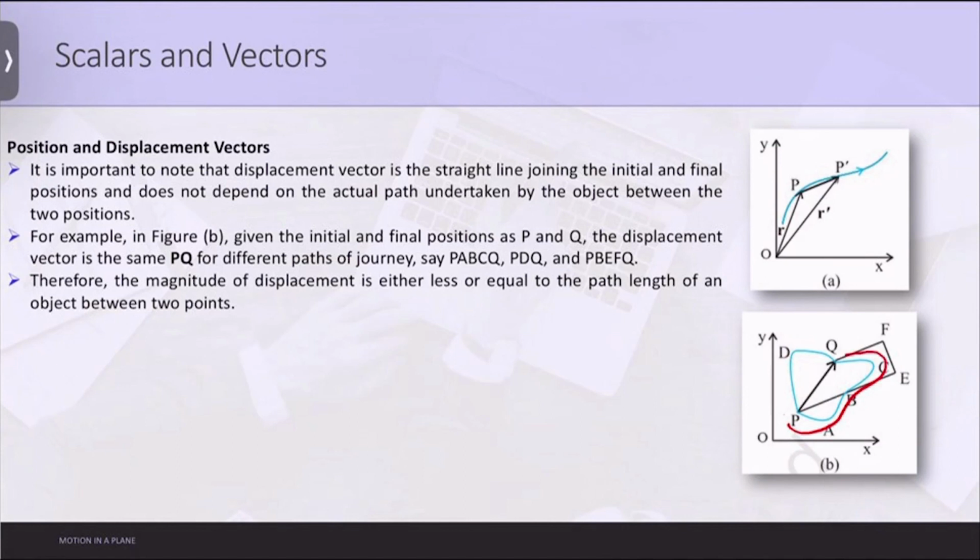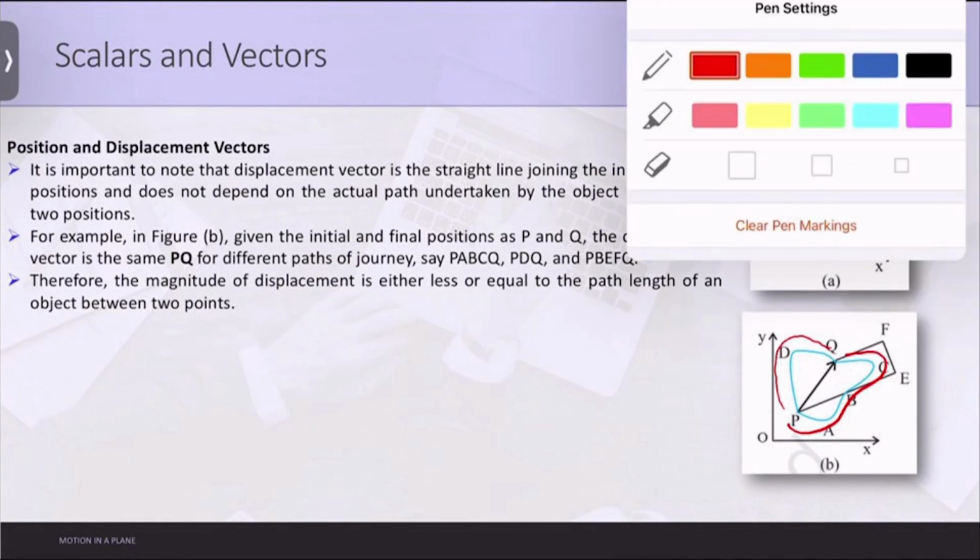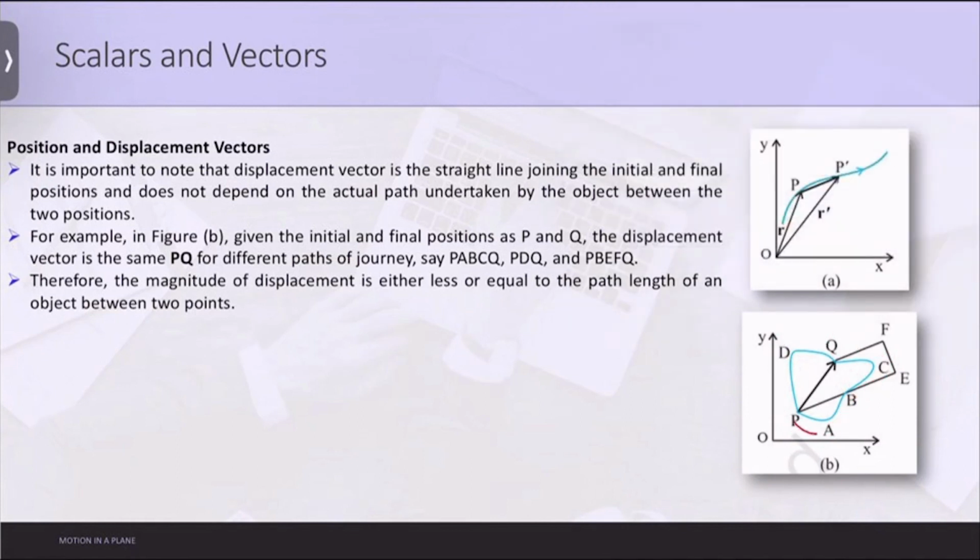Let us go in this direction. Or let us go with PDQ. PDQ is this. And next is PBEFQ. Even if I go with either of these paths, you know that this is the initial position and this is the final position. So how will the vector be drawn? The vector will be drawn similar to the scenario drawn earlier. That is the crux of understanding the displacement vector.